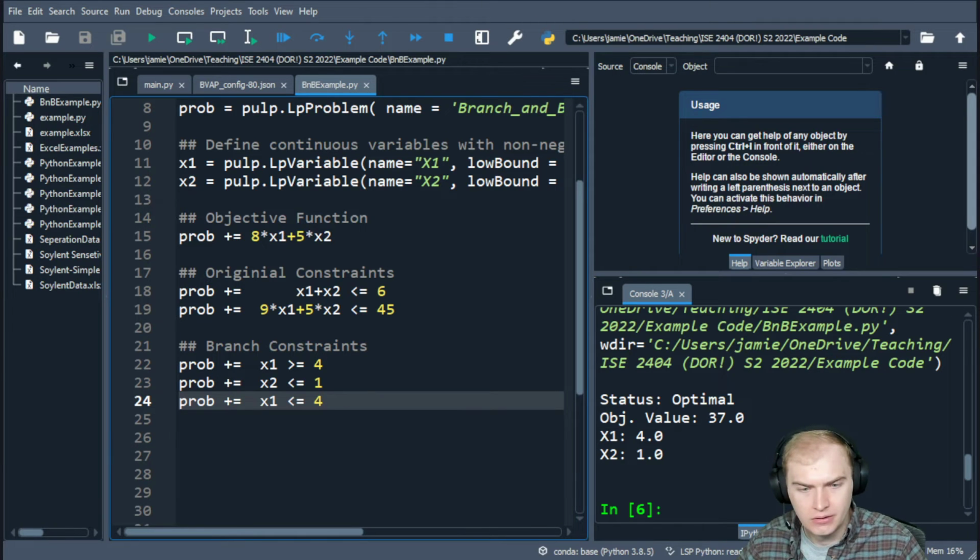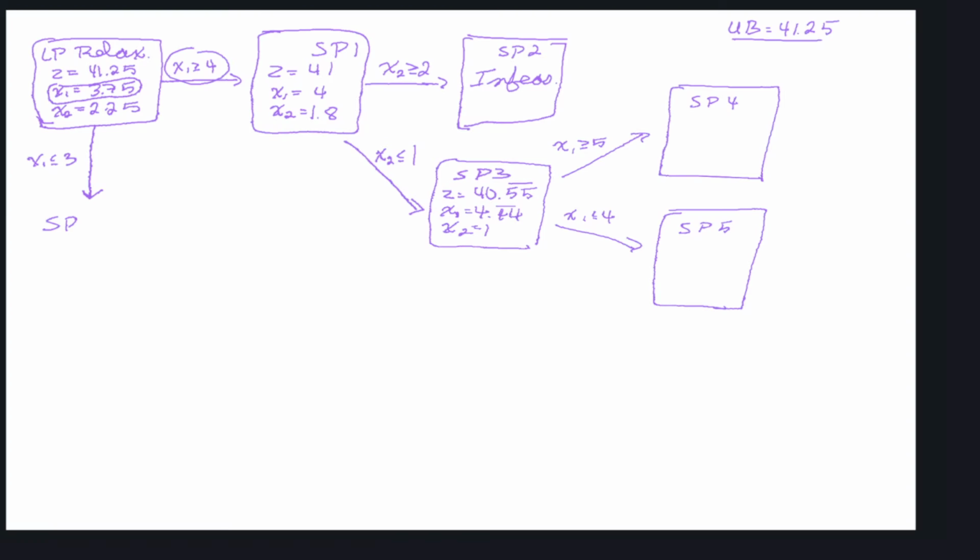Excellent. So let's jump back and write it down in our tree. Z equals 37, x1 equals 4, x2 equals 1. So this is a candidate. I'm going to just mark that in green. We have found an integer solution.